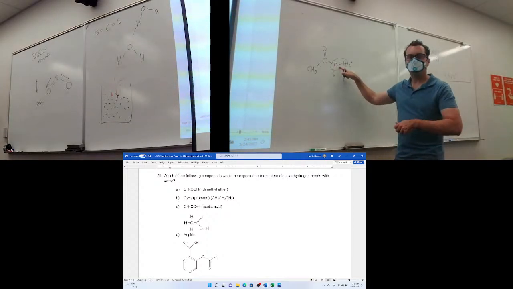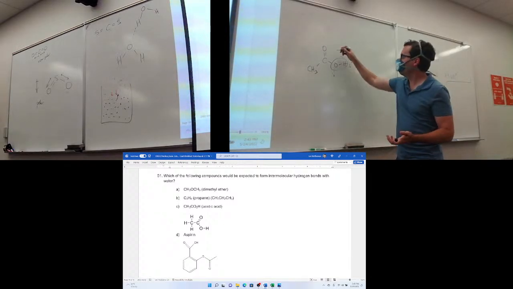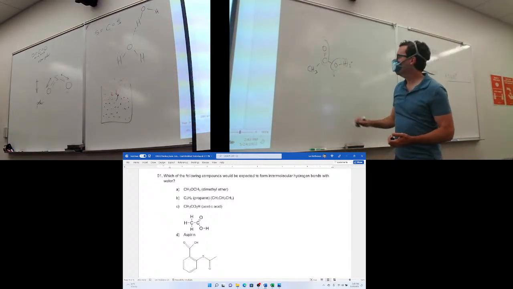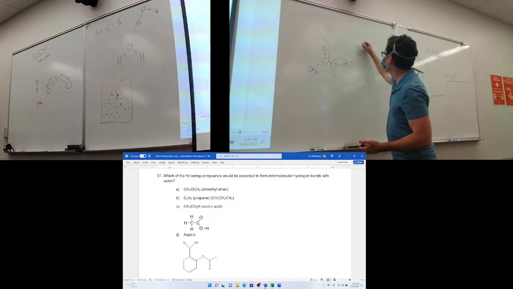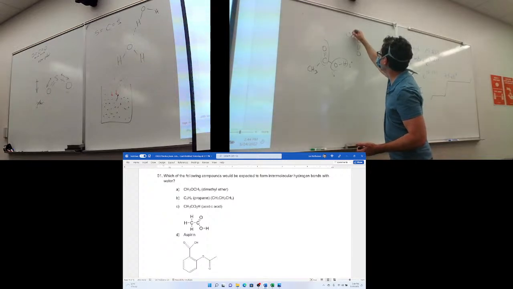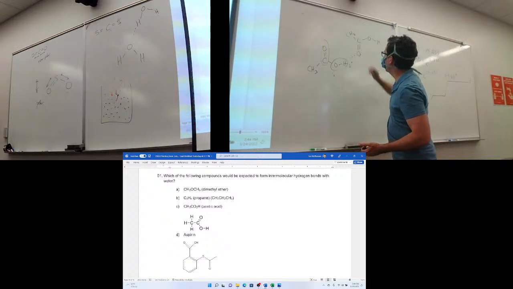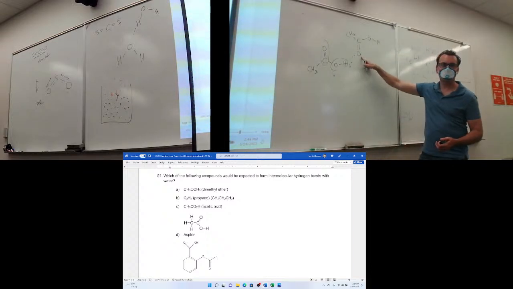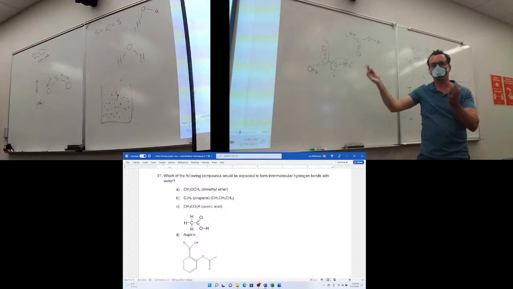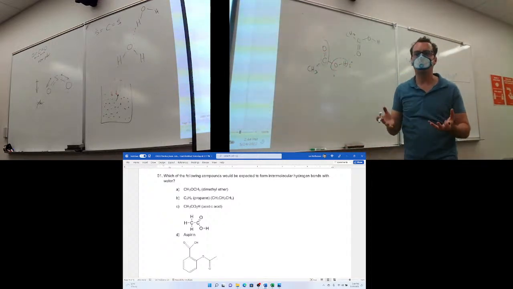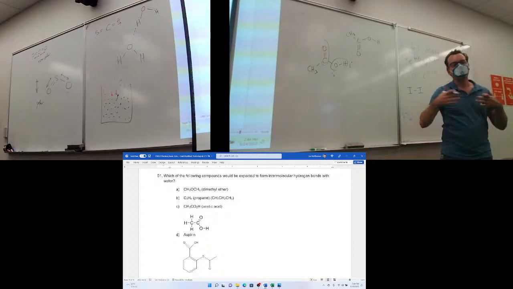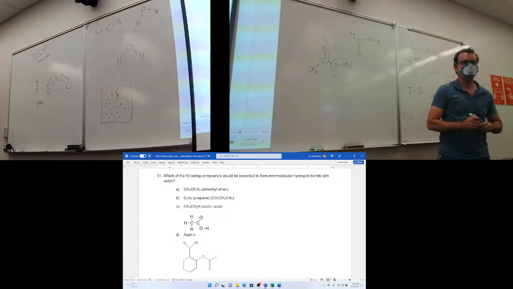This doesn't have to interact with another OH. It can interact with a dipole too. And so this thing can interact with this because that's a partial negative as well. And that's what we're talking about here. In this case, it's water. The hydrogen bonding that water does can interact with anything that's polar.